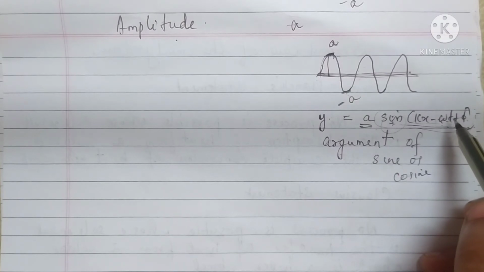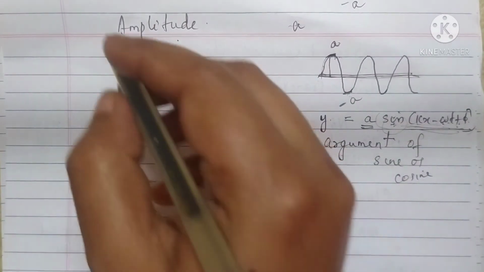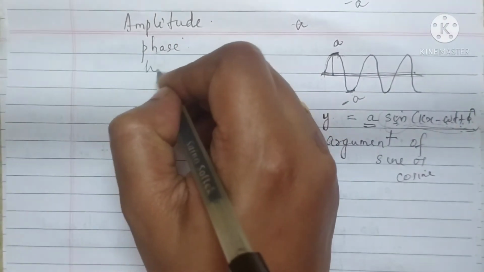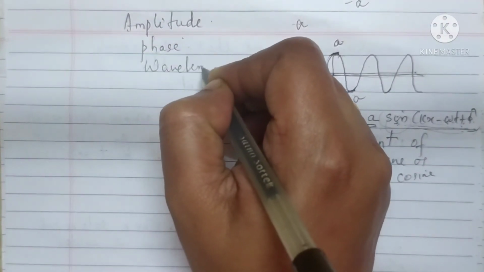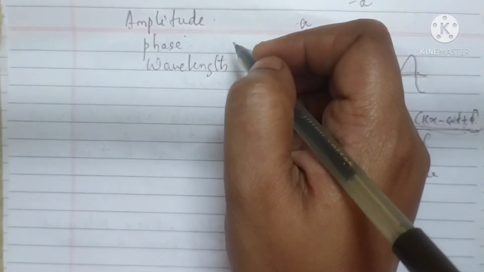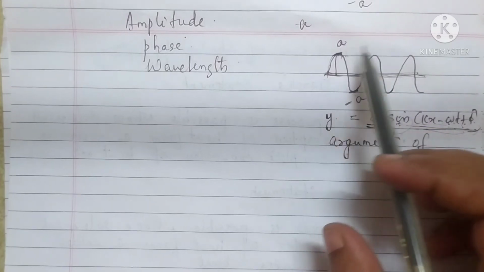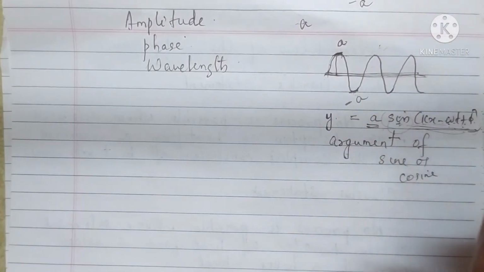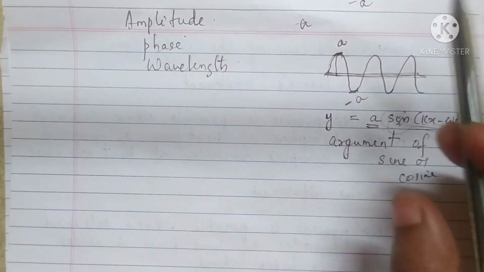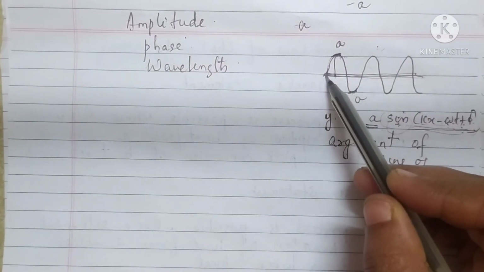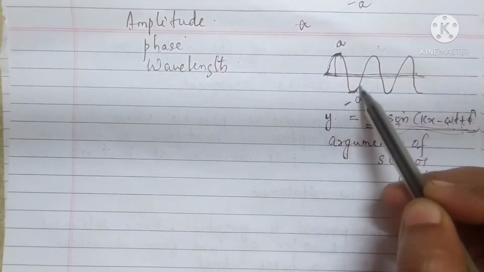Okay. Now the next term is wavelength. So we have discussed amplitude and phase. Now the third one is wavelength of the wave. Wavelength, as you know, is the minimum distance between two particles having the same phase. Either you can say that it is the distance from this point to this point.